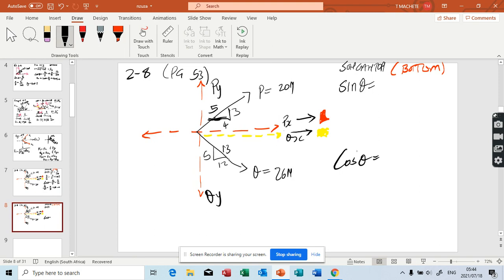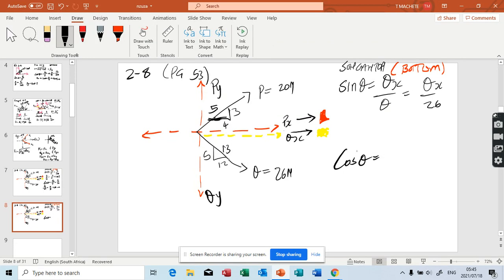The bottom one is qx over q equals qx over 26.